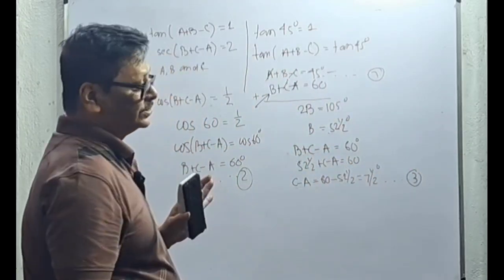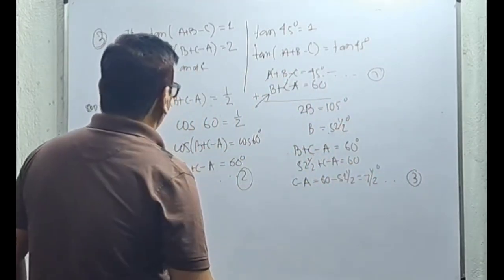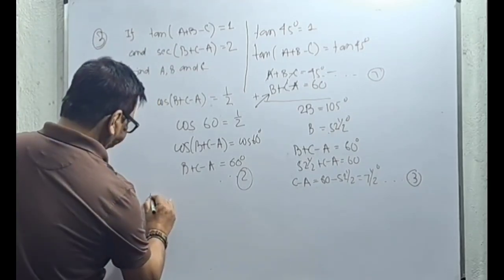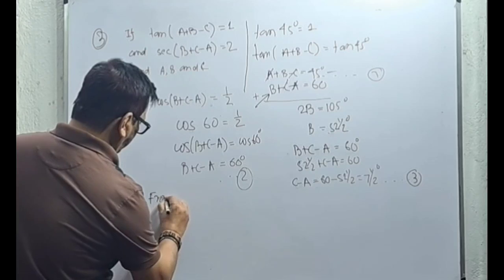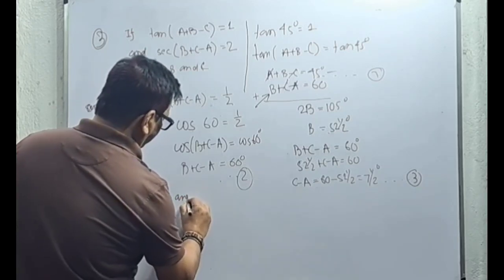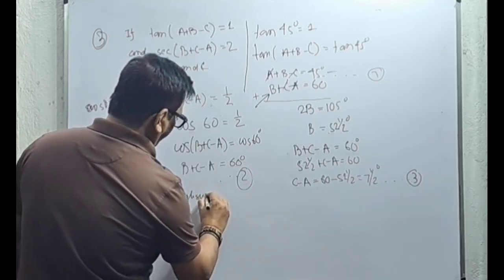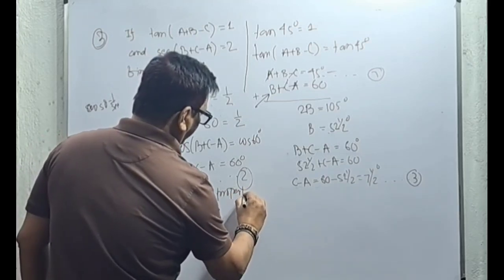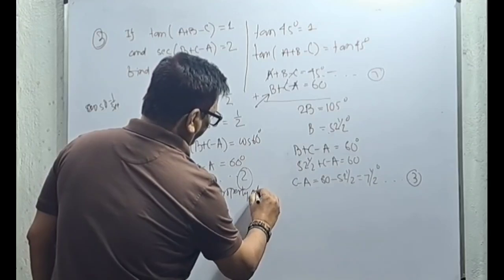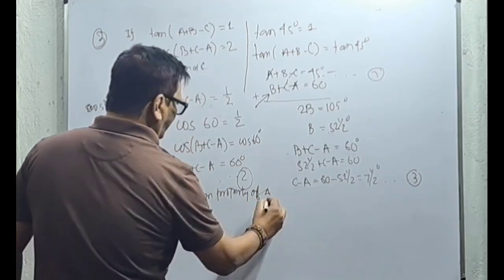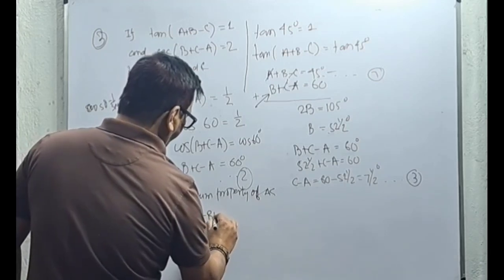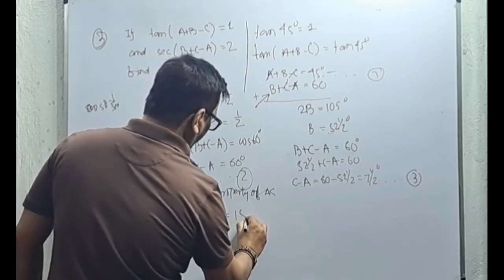Now what has not been said is, from the angle sum property of triangles, A plus B plus C is equal to 180 degree.